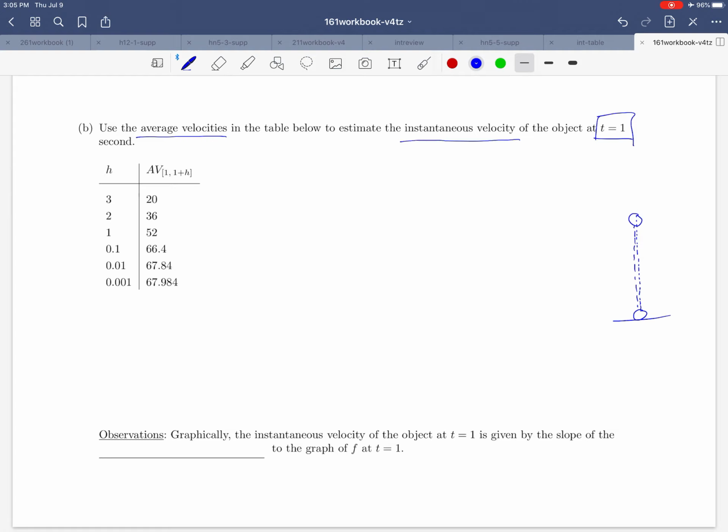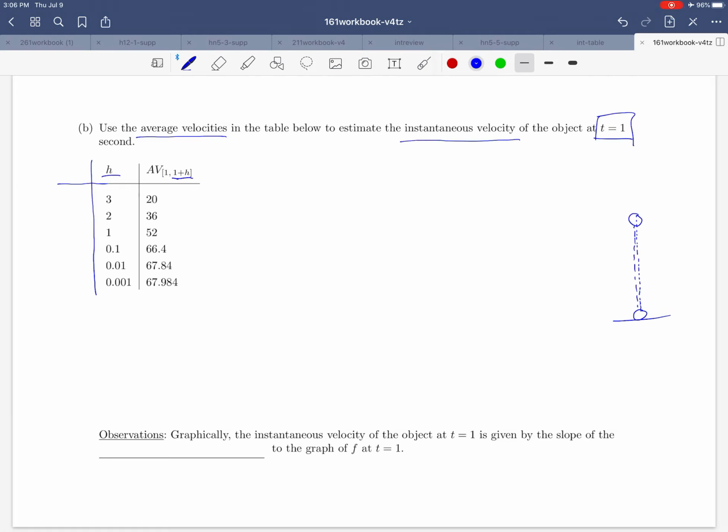We have a table right here with a bunch of average velocities. And I'm going to add a column on the left for our time interval. Let's look at this table and see if we can understand what the entries are saying. In the first row, we have h equal to 3, and then we have average velocities for different time intervals. The time interval is given as from 1 to 1 plus h.